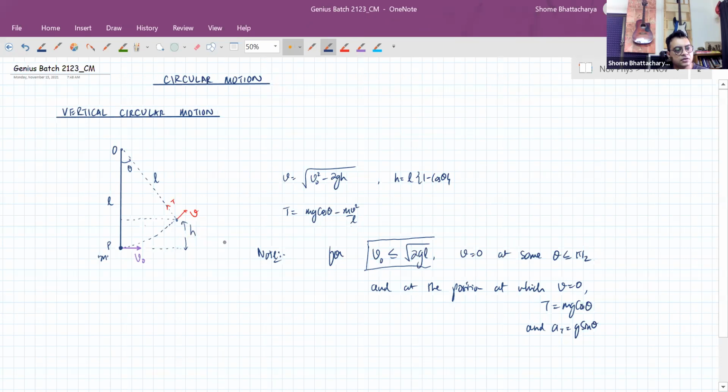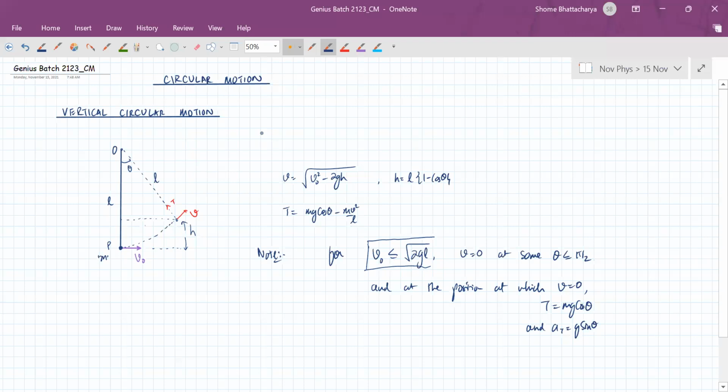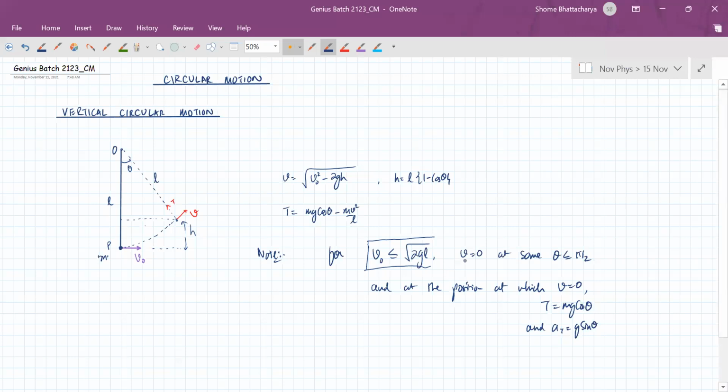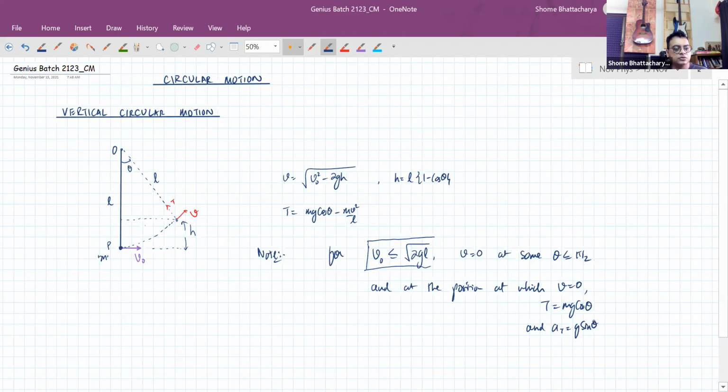So if I take V naught equal to root 2gl, this h is actually becoming equal to L. So it's reaching the 90-degree position. So it's like the boundary condition. When it's root 2gl, it's that situation where it reaches 90 degrees. If it's less than root 2gl, then this h will be less than L, so it will stop somewhere before 90 degrees. So basically that's the point, that theta is less than or equal to pi by 2 for V naught less than or equal to root 2gl.